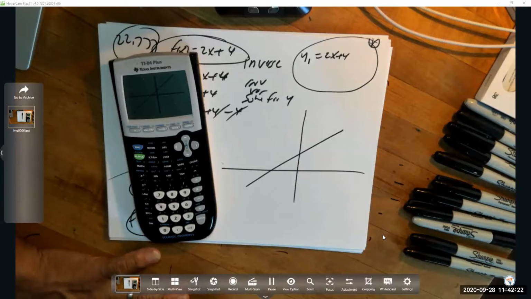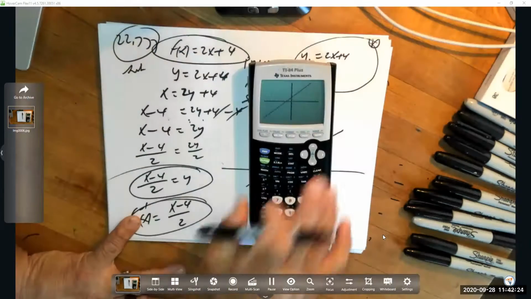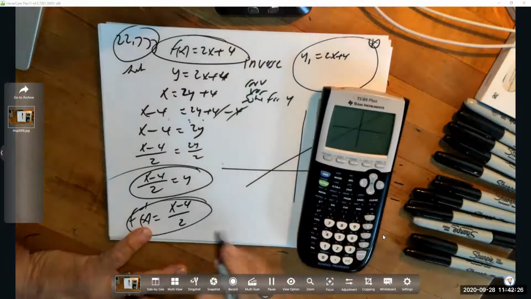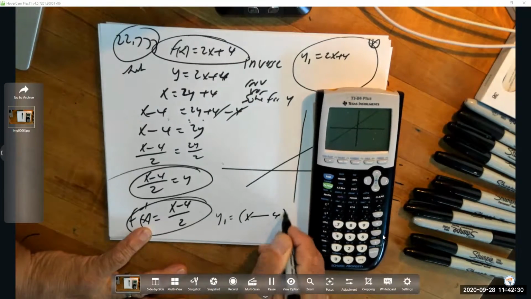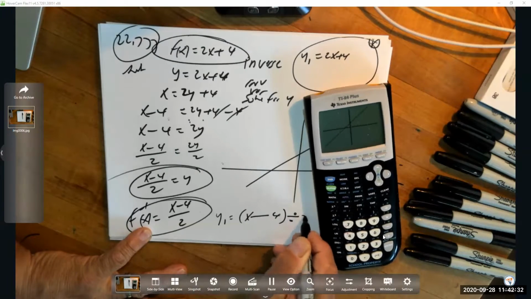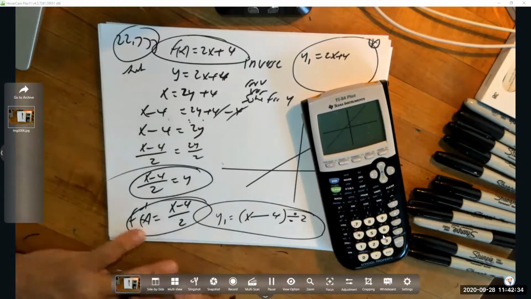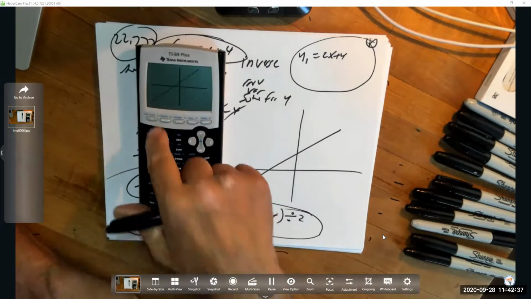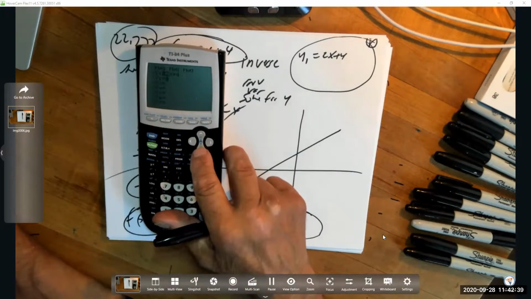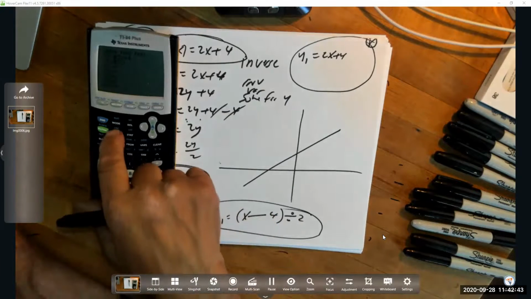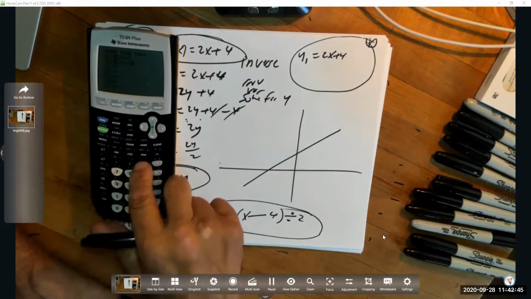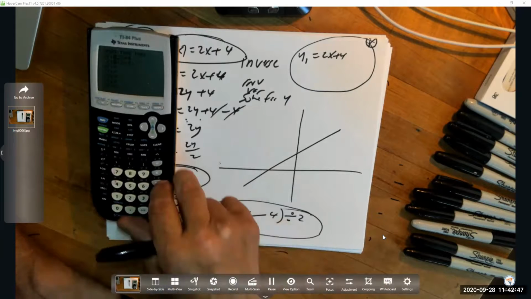Okay. So now we're gonna do this other one. The way you do this in the calculator, you go x minus 4 divided by 2. So y2, I'm going to put parentheses, x minus 4, parentheses, divided by 2.